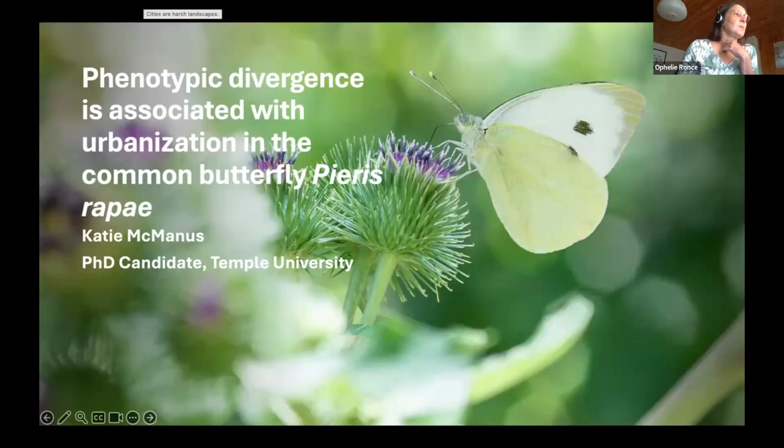No. All right, so we start with Katie McManus talking about phenotypic divergence associated with urbanization in the common butterfly.